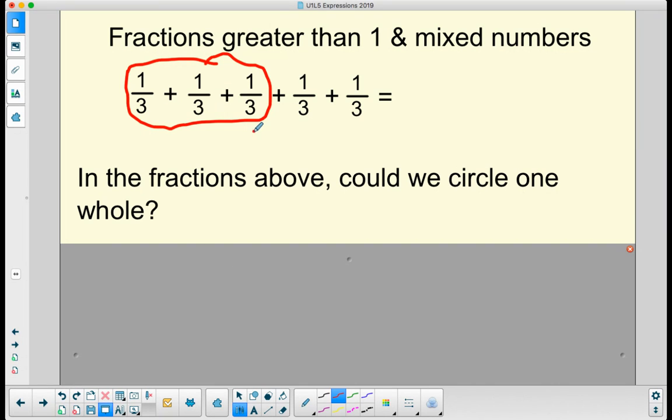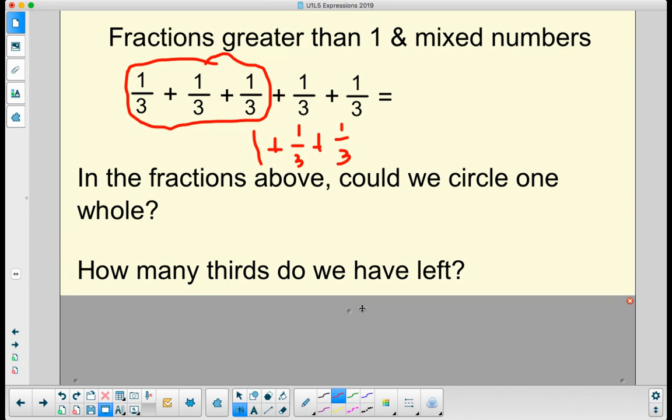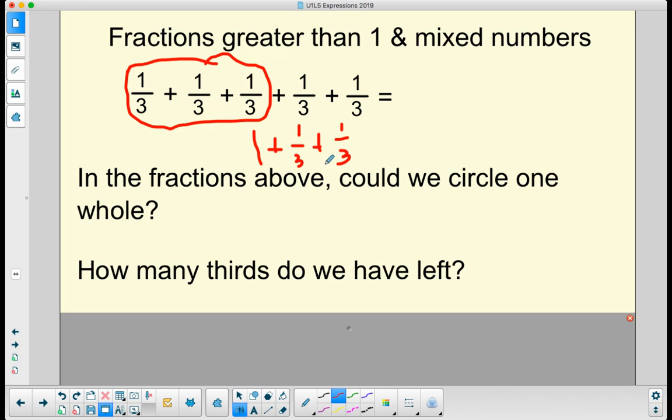Let's make a new one. And now I have a third plus a third left over. So how many thirds do we have left? 1/3 plus 1/3 would be 2/3 left over.